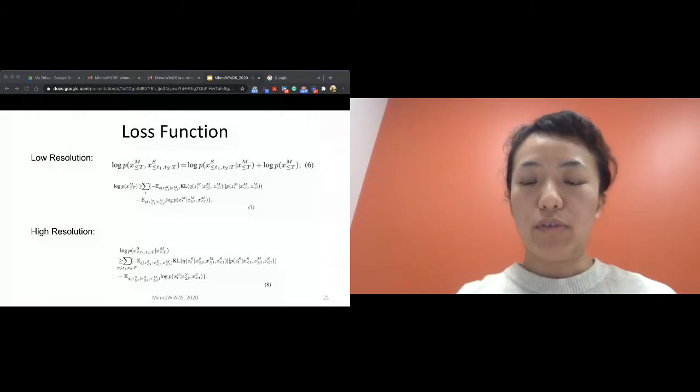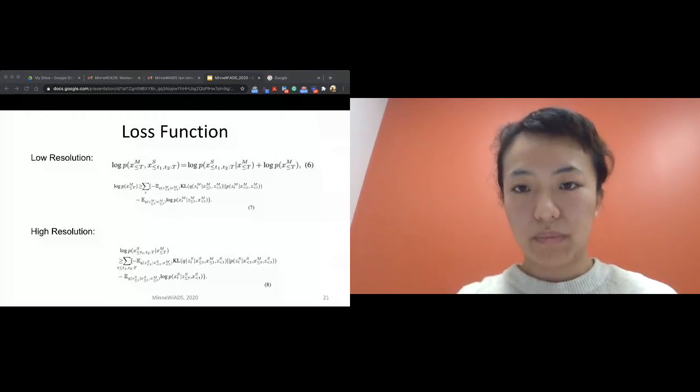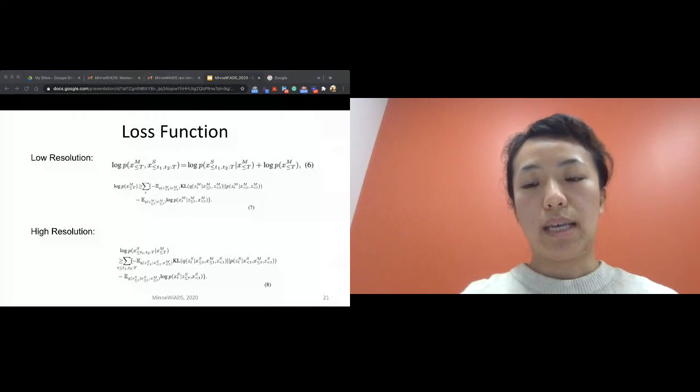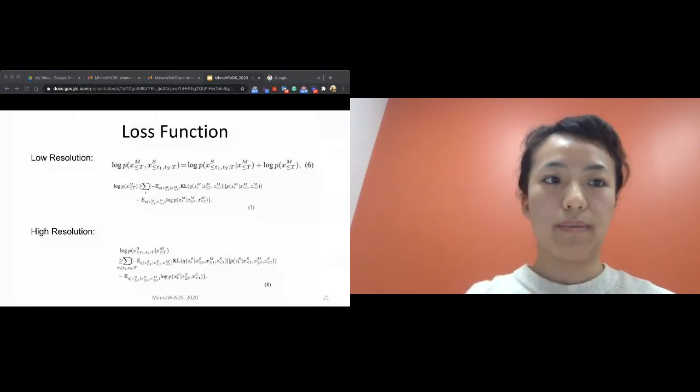But if you're interested, you can find the original formula from the variational recurrent neural network paper. And we're essentially rewriting this in terms of the low resolution and high resolution. Again, the only difference for the high resolution one is the latent space will be dependent upon the low resolution data.